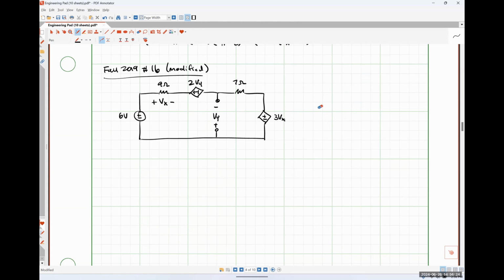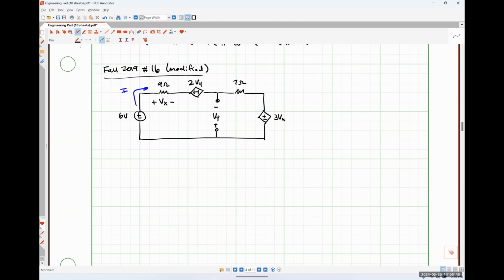This is what's commonly referred to as a single loop circuit, meaning that all of the elements are connected in series. So there is going to be a common current that I'm just going to call I that's flowing through all of these elements.